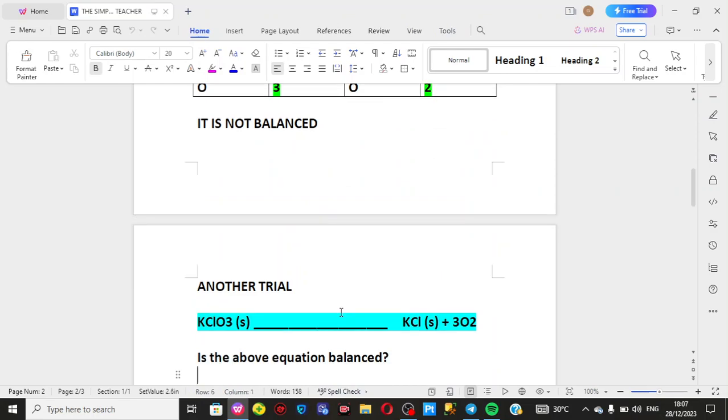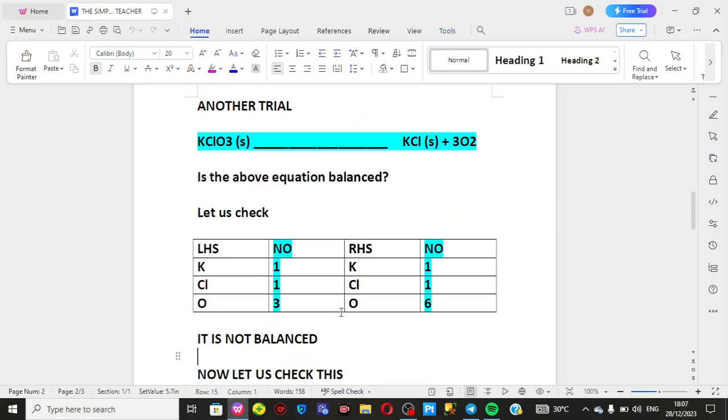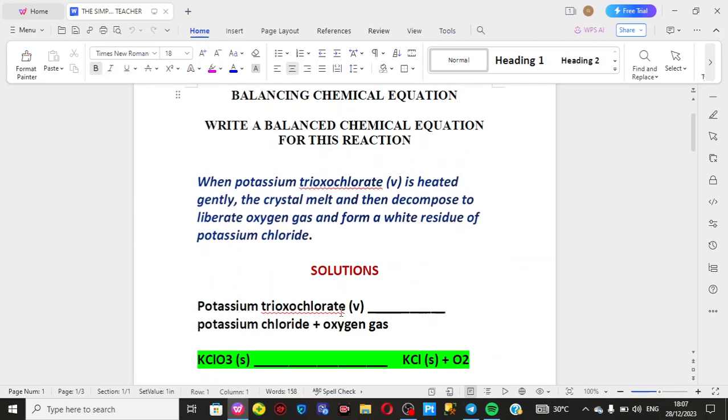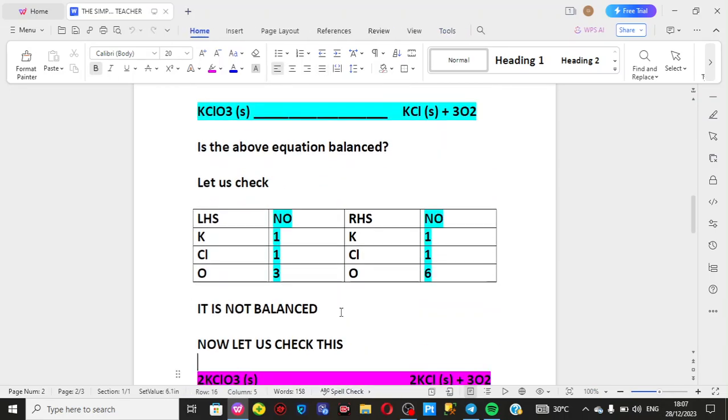You need to get conversant with these compounds, because sometimes they will give it to you as words, as a sentence, and they may not write the formula for you, so you need to write out the formula before you even start. Some persons may not know how to write the formula, and if you don't know how to write the formula, you will not do anything. In fact, you cannot even run the reaction. So that is why it is essential.